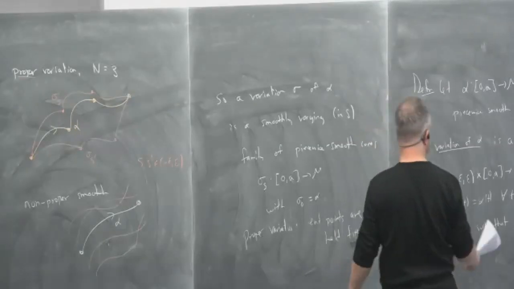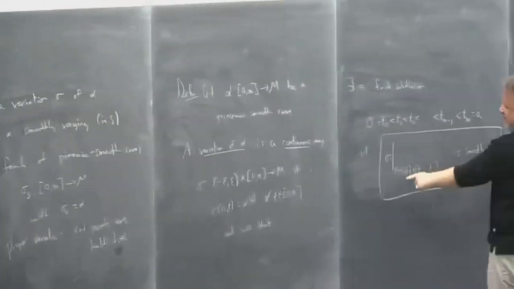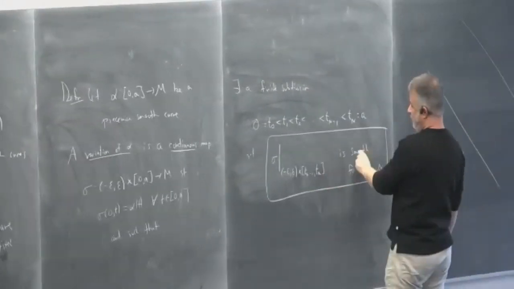So in your definition, you just said sigma had to be continuous. No, in the definition, I said it has to be continuous, and that when you restrict it to each of these pieces, it's smooth, right?